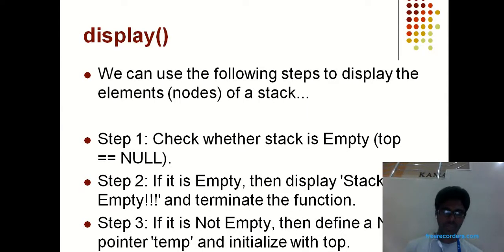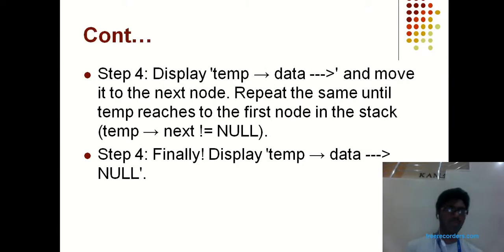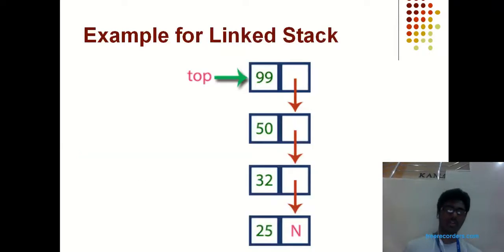If it is not empty, then define a node pointer temp and initialize it with top. Step 4. Display the temp data and move it to the next node. Repeat the same until temp reaches the first node in the stack, temp next not equal to null. Step 5. Finally, display the temp data and null.